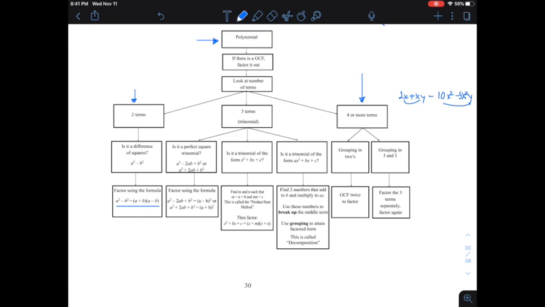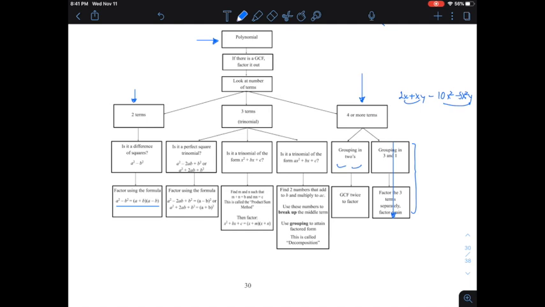If you had that, you would group the first 2 and last 2, factor out a GCF, and then factor again. You can ignore this root. We aren't going to be seeing that this year, so don't worry about that. If you have 4 terms, you're going to group in 2 and 2, and then GCF twice and factor.